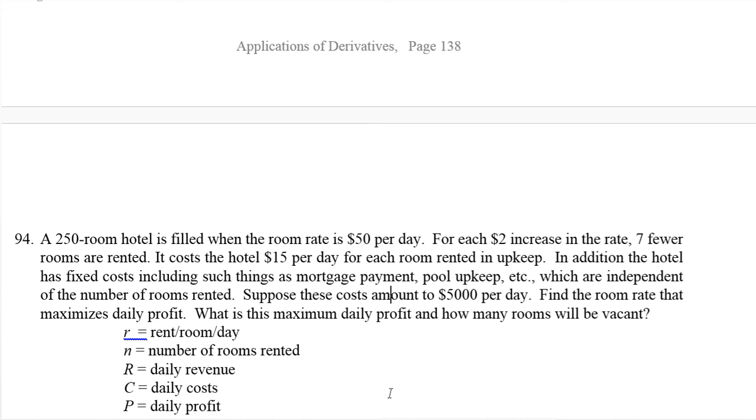We want to know how many rooms will be rented and how many will be vacant. And we want to know maybe what the revenue and cost are. I'm going to ask you to work this one out yourself. Work all of it out to the end, and then when you're finished, come back and check your results. Press pause now.